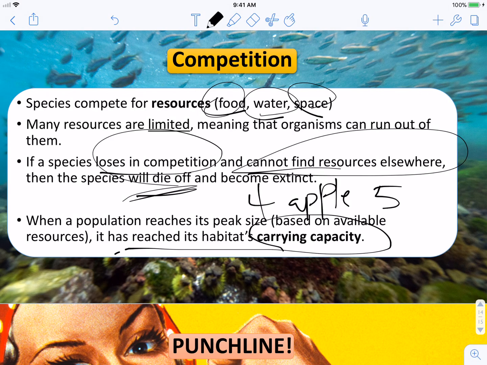So that 5th person is going to starve. So when you don't have enough food to support as many people as you have, then you are going to die off until you have the right amount of people. Or if you have way more food or a surplus of food than you need, then there's going to be more of you until you get too many people.